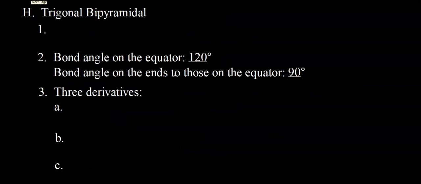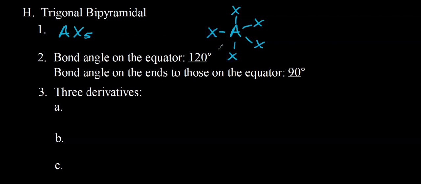All right, trigonal bipyramidal is next. AX5, central atom and 5 atoms bonded to the central atom. Try to look in the book and see the arrangement of these electron groups around the central atom. So try to think three-dimensionally. We have 3 electron groups that go around the equator. Those are the equatorial positions.